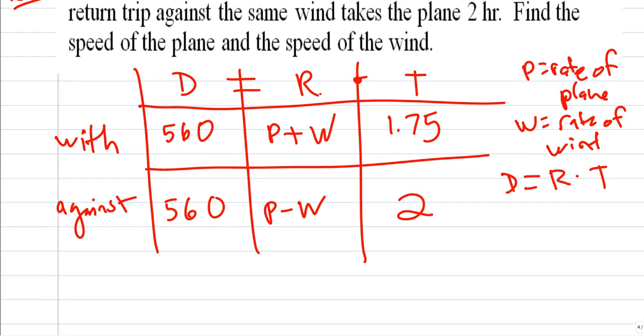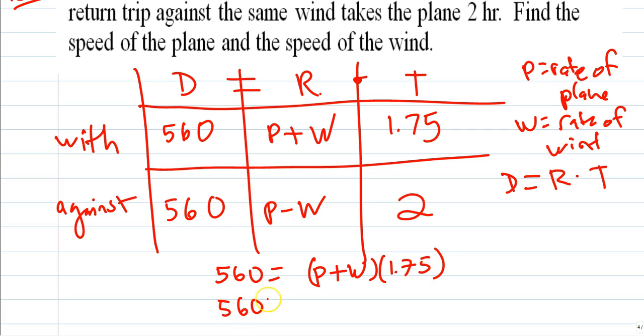So we end up with the following equations. The first one, 560 equals (P plus W) times 1.75. On the bottom, we get 560 equals (P minus W) times 2.